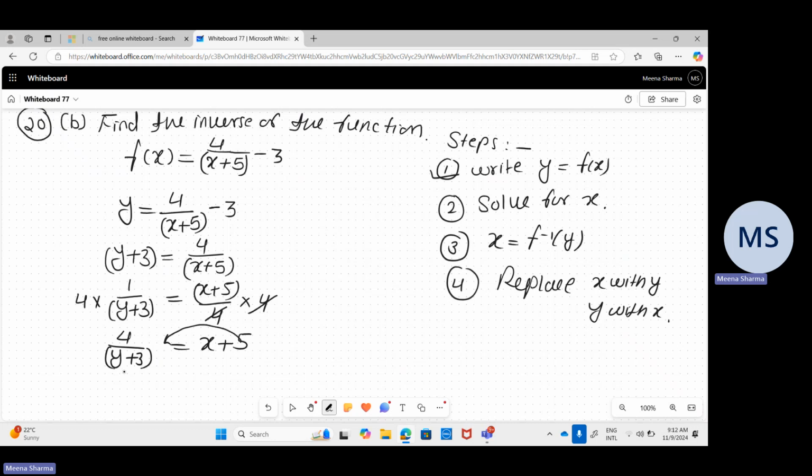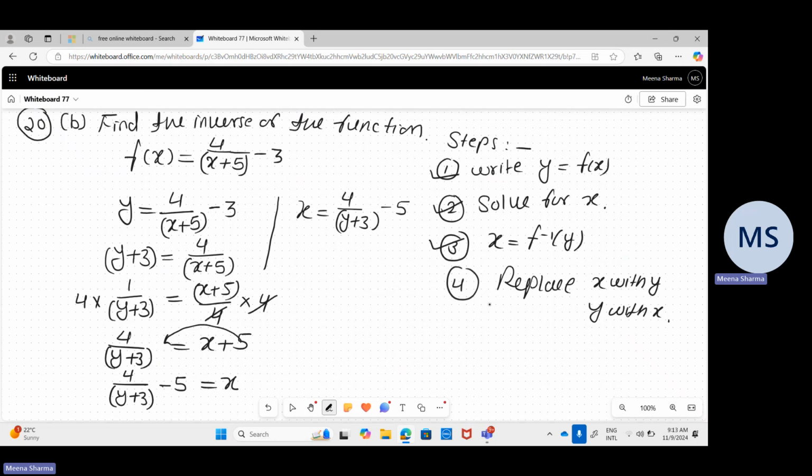So it becomes 4 upon (y plus 3) minus 5 equal to x. This is the value of x. So we have here x equal to 4 upon (y plus 3) minus 5. Now the second step is done.